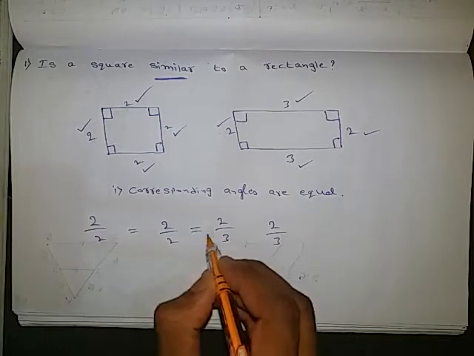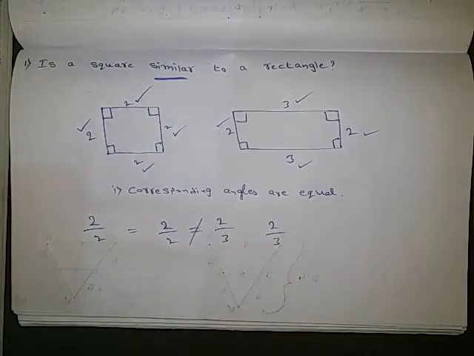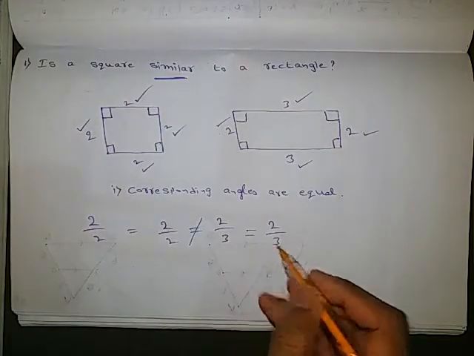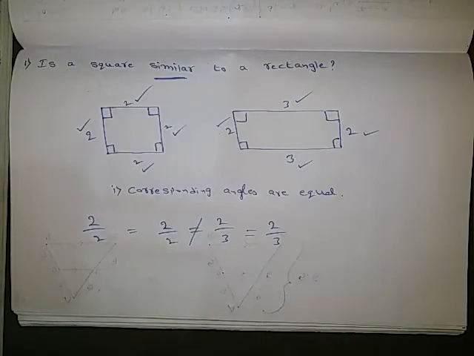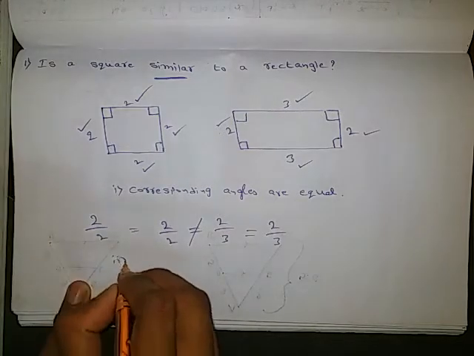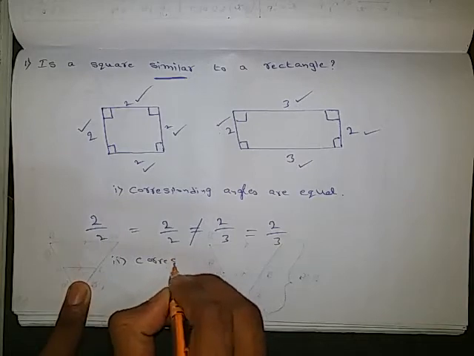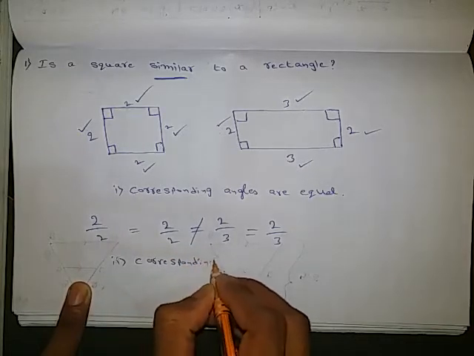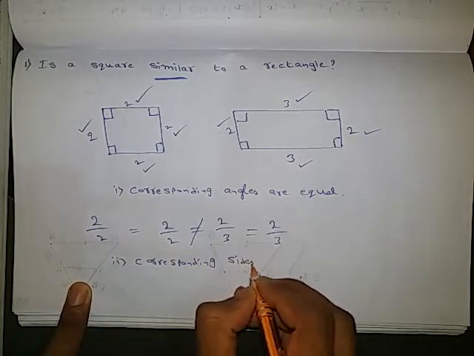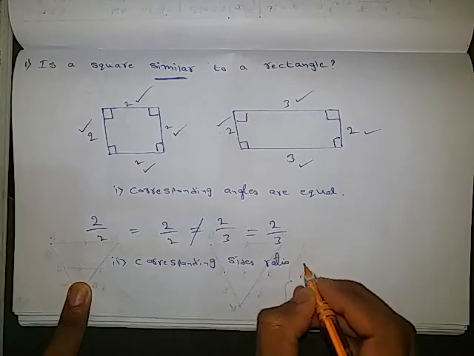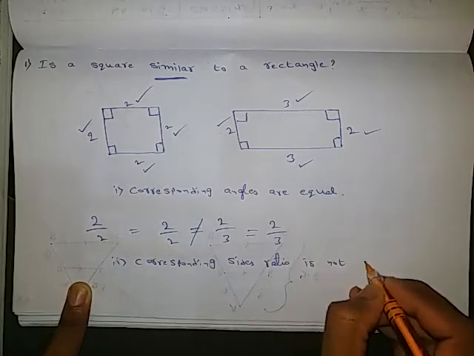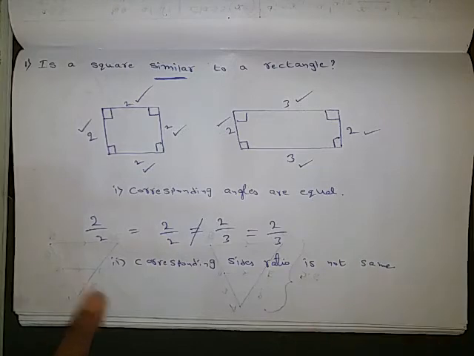But this 2 by 2 is not equal to 2 by 3. This 2 by 3 is equal to 2 by 3. So it means the corresponding sides ratio is not the same.